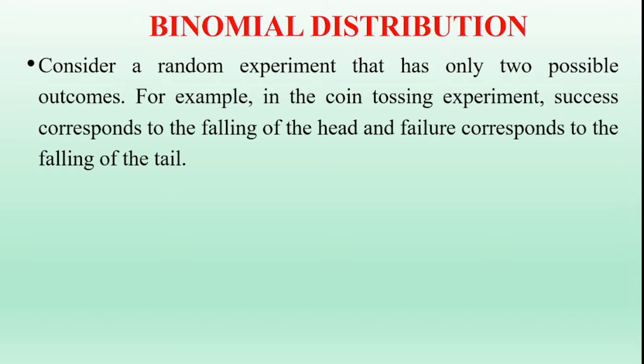Assume that the probability of success is represented by P and the probability of failure is represented by Q respectively, such that the sum of the probability of success and the probability of failure, that is P plus Q, is equal to 1.